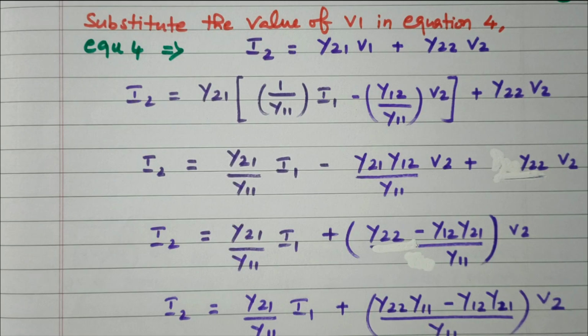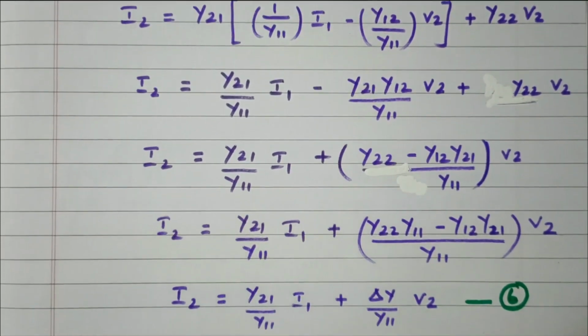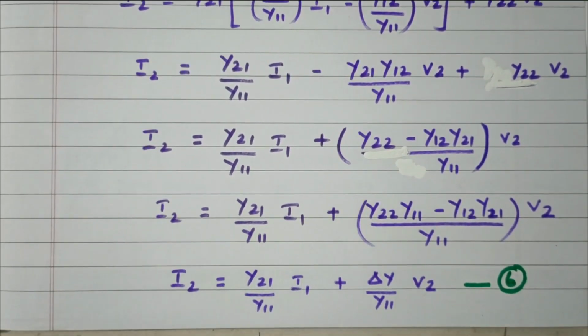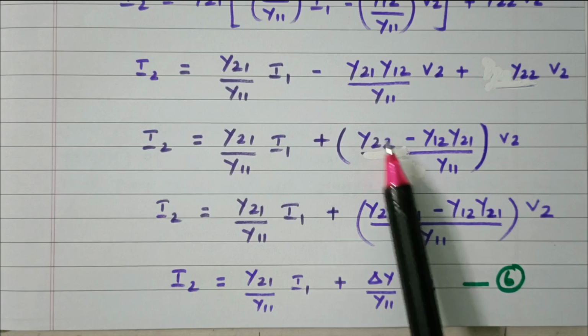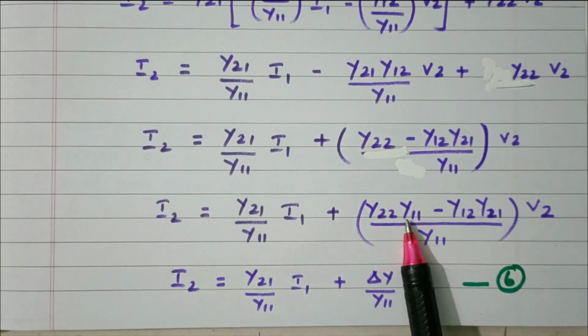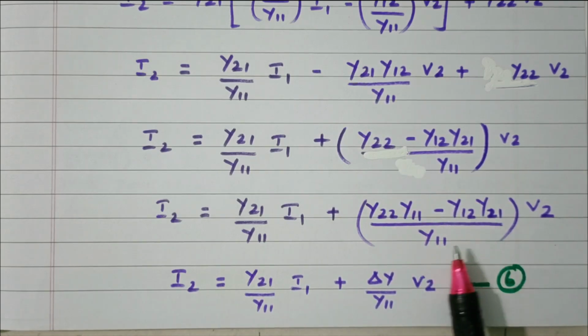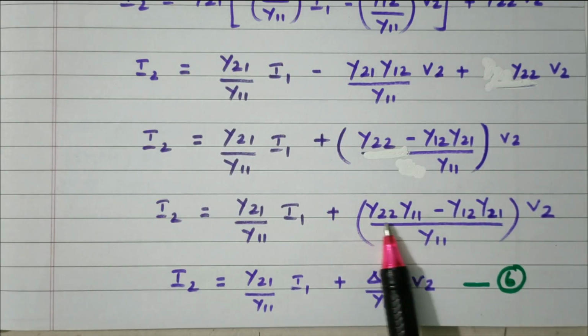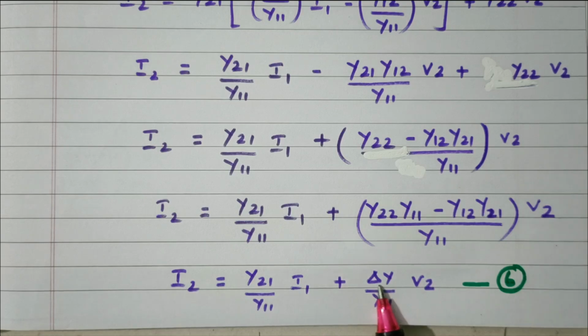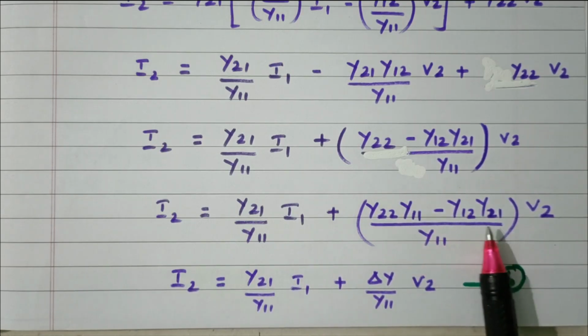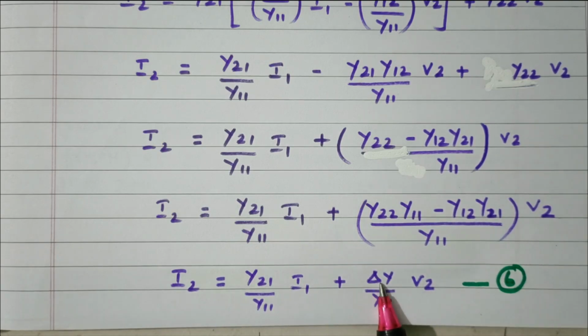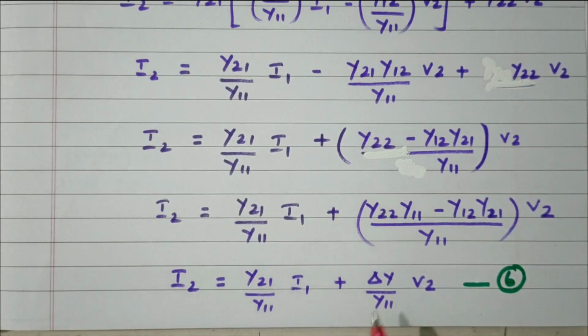Now we'll take the LCM. So here we are taking LCM: Y22 Y11 minus Y12 Y21 divided by Y11. This is nothing but the determinant of the Y matrix. Y22 into Y11 minus Y12 Y21 can be written as delta Y, the determinant of the admittance matrix.